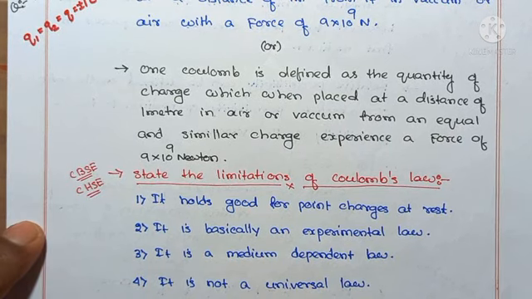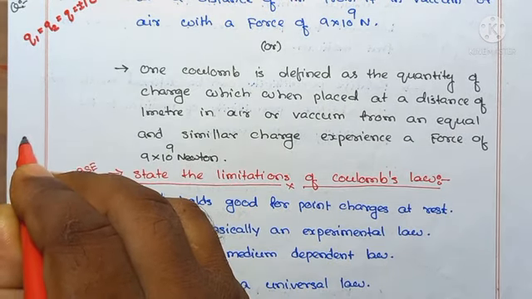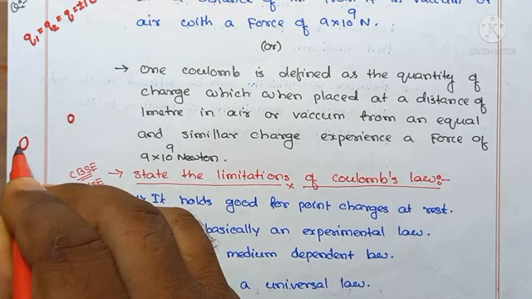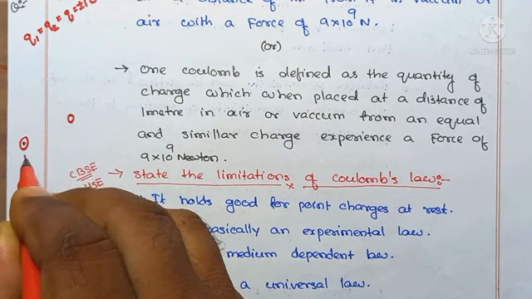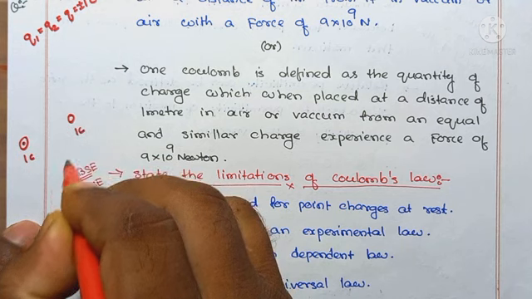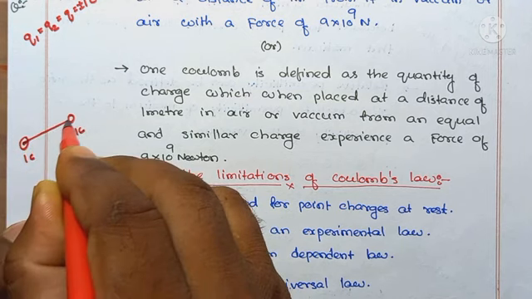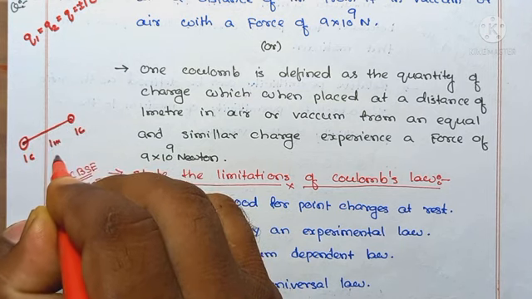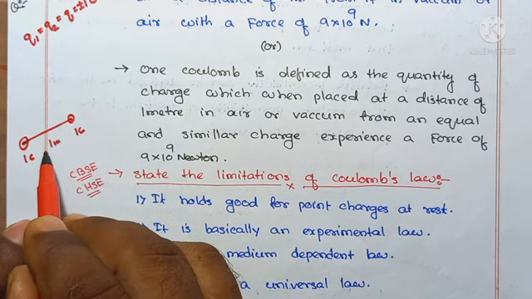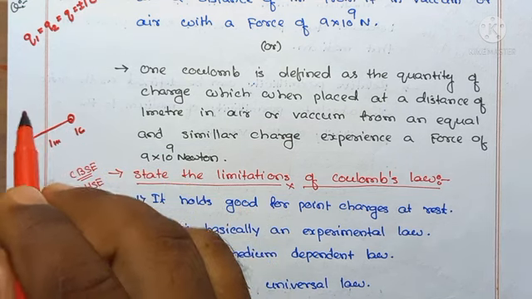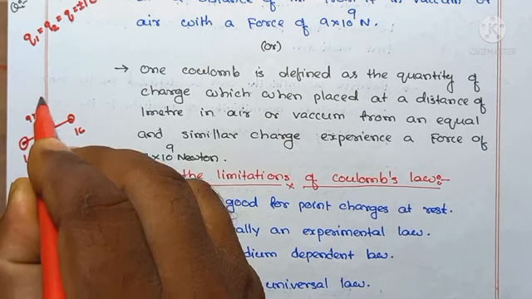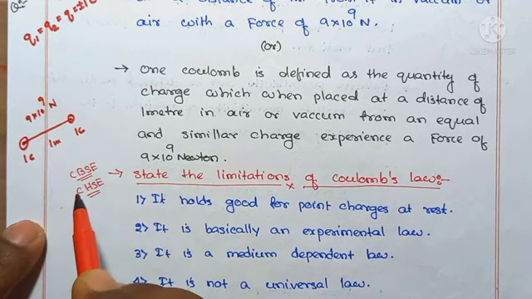That means when both charges are 1 coulomb and the distance between them is 1 meter, that produces a force of 9 into 10 to the power 9 newtons.